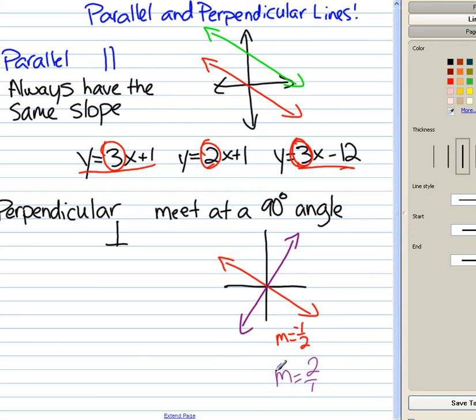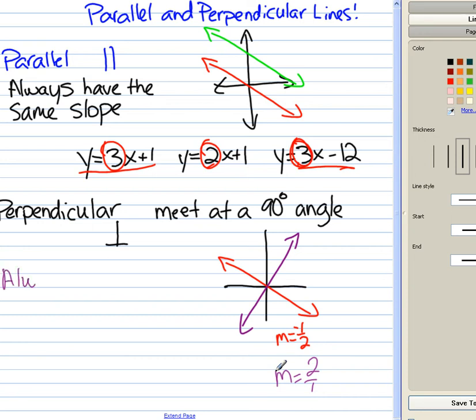So what do you think we could say happens to our slope when they're perpendicular? We flip it, and what else? We change the symbol. So negative would become positive, and positive would become negative.